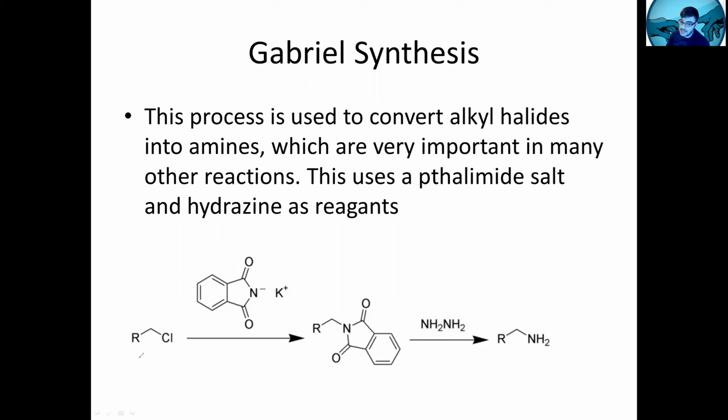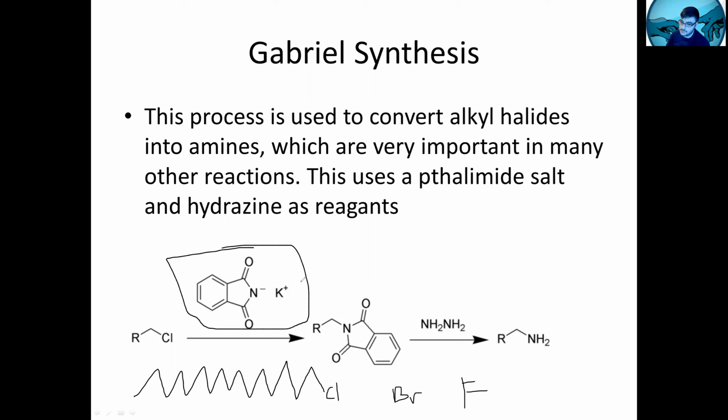Essentially, you can start off with any alkyl halide, which is, you can have a carbon like this, really big carbon, and at the end you have like a Cl or any other halide. It can be like a Br, fluorine, whatever, doesn't matter. Any kind of halide at the end, and using these two things, which are called, this is called the phthalimide, right?